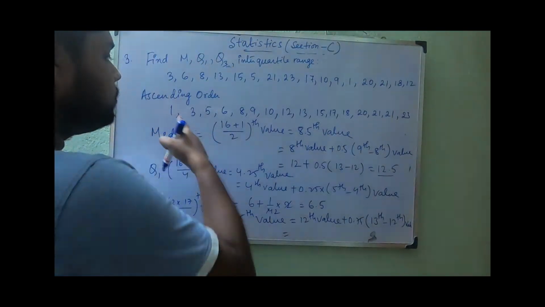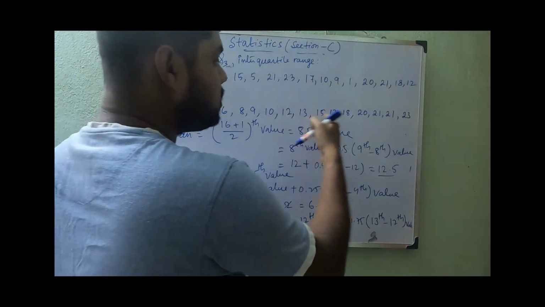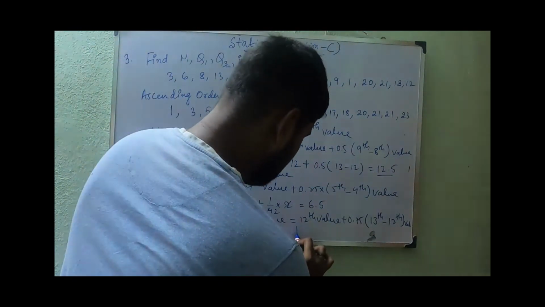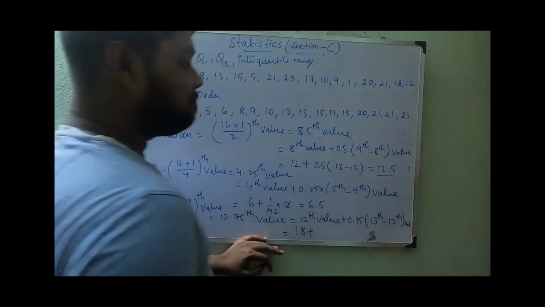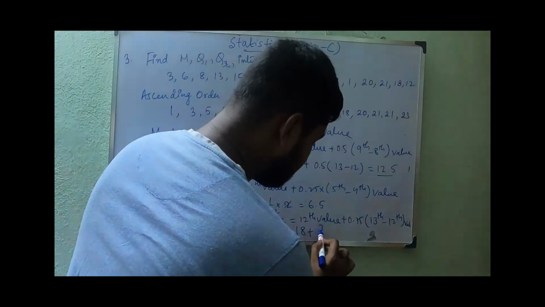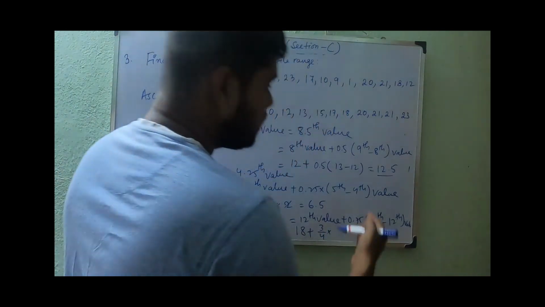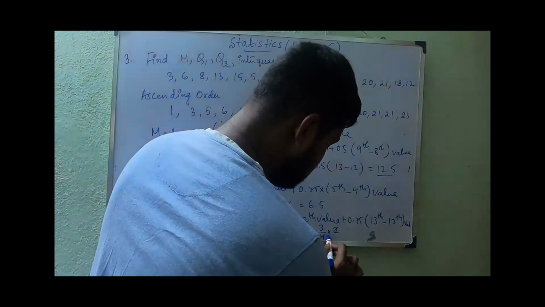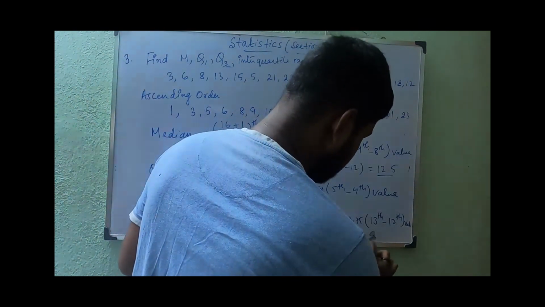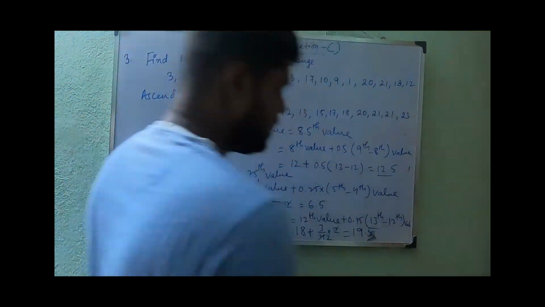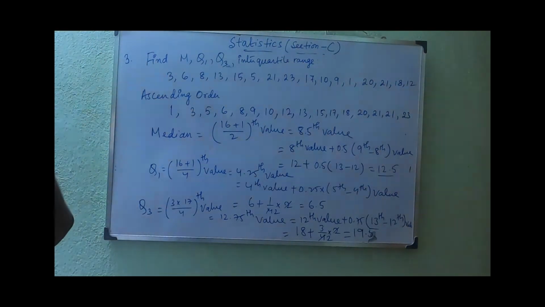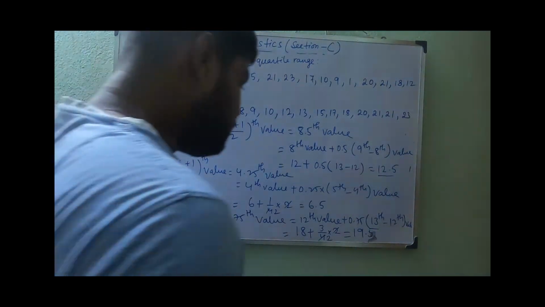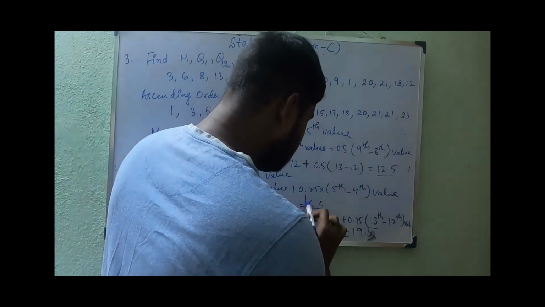What is the 12th value? 4, 8, 12. So 18 plus 0.75, that is 3 by 4, times 20 minus 18, so that is 2. So this is 19.5. Right? So therefore these are your values.